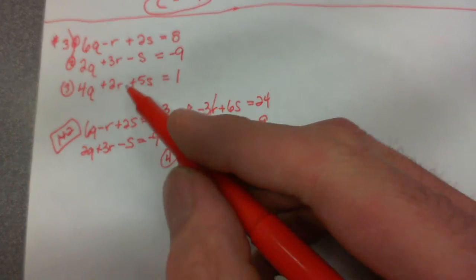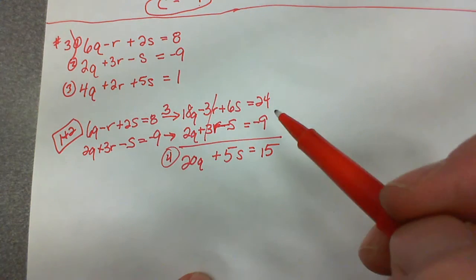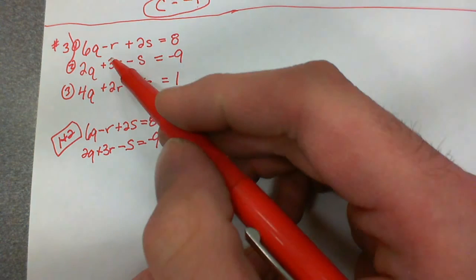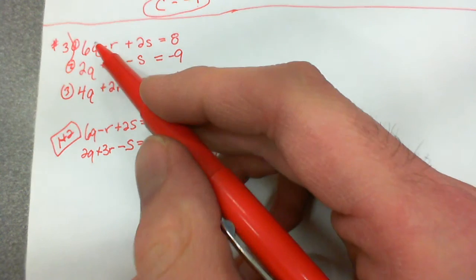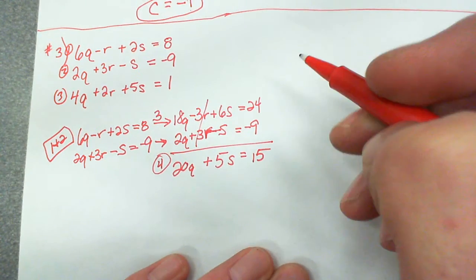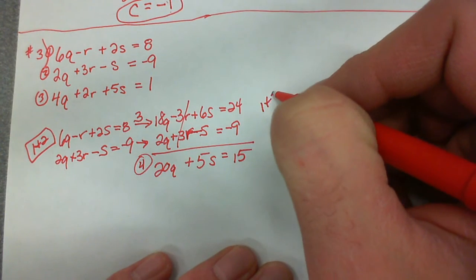Now unfortunately, all of these had 3 variables, so now I'm going to have to repeat the process again. So now let me repeat the process with equations 1 and 3 because I can make this into negative 2 and positive 2 there. So I'm going to do equation 1 and 3.